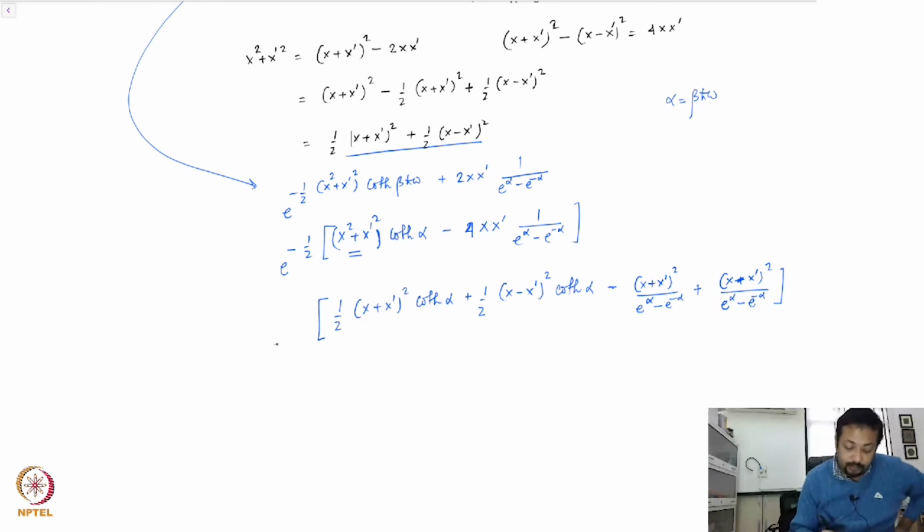So of course you have e to the power minus half outside.